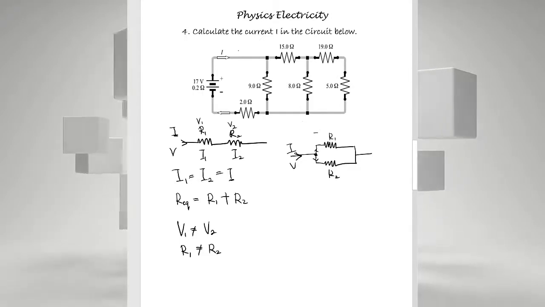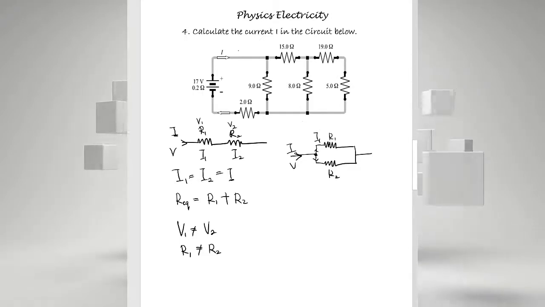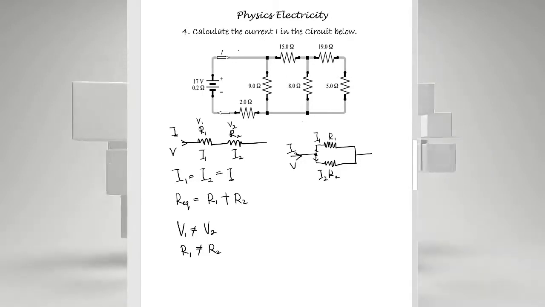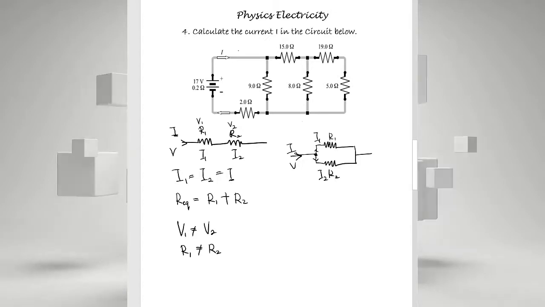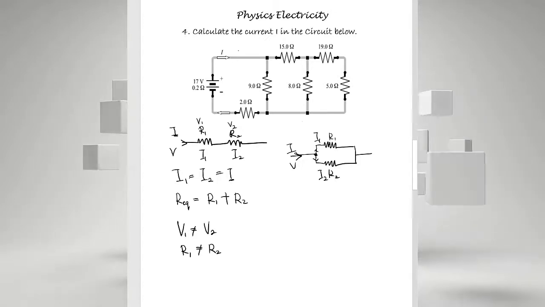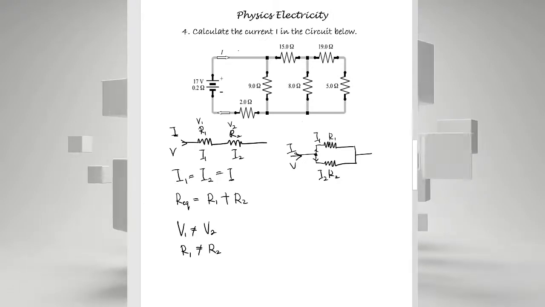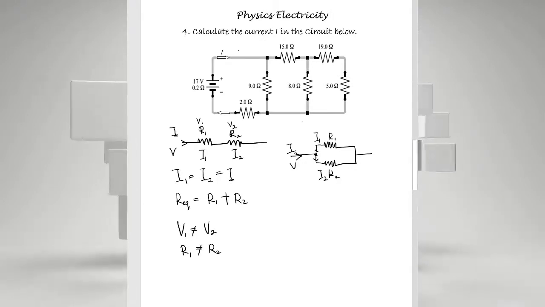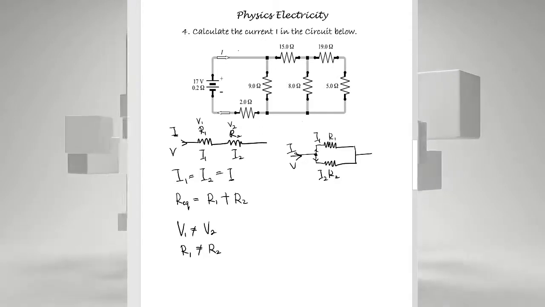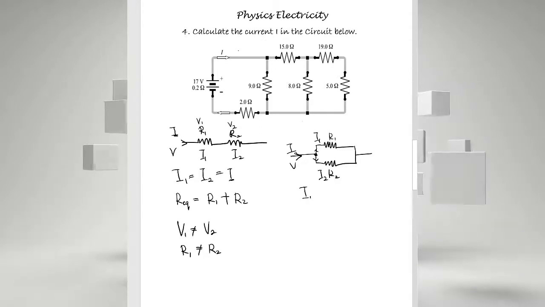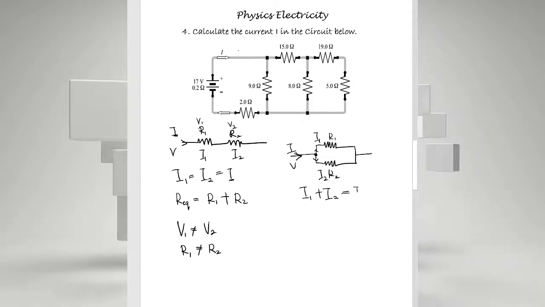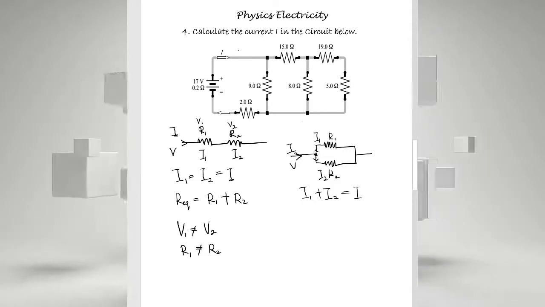When our current gets to that node, the current will split into two, I1 and then I2. I1 is what passes through R1, and I2 is what passes through R2. So if R1 is not equal to R2, then it means that I1 is not equal to I2. There's a split there. So I1 plus I2 is actually equal to I. It is that I that divides into 2.